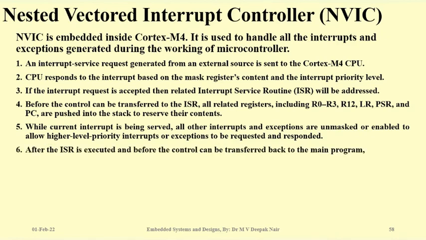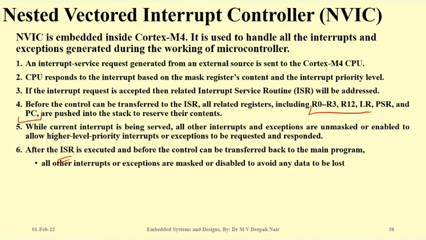Okay, then the ISR is executed, and when the ISR is complete, of course it has to collect all this data from the stack and come back to the original or main program. So all the exceptions which were disabled will be unmasked.